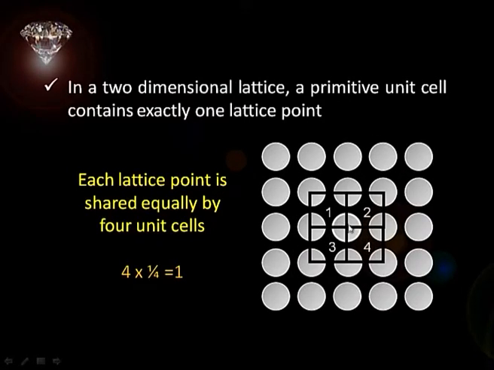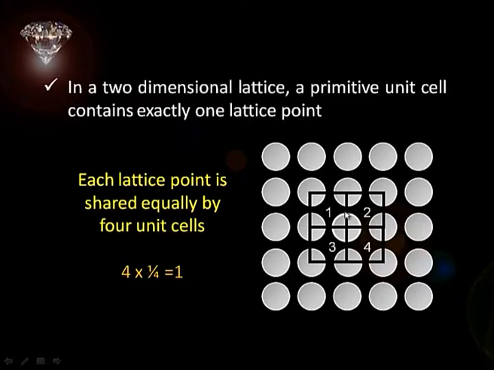I am trying to focus attention onto this circle here, which has been earmarked with a white boundary. This lattice point is a part of 4 unit cells, because the unit cell is just this small square here.